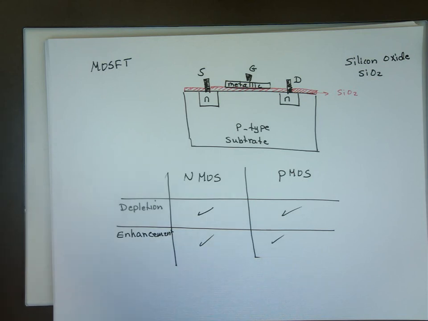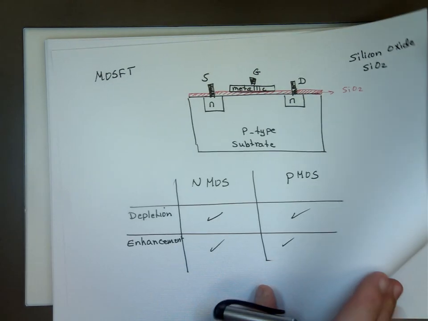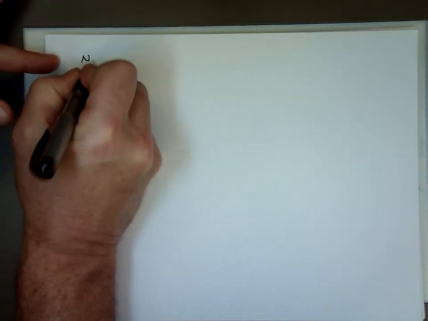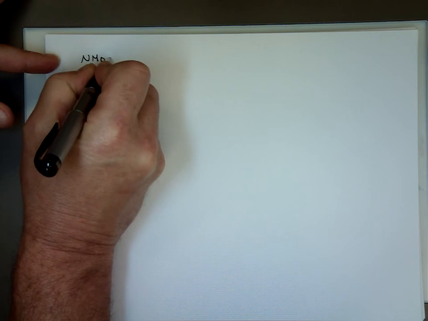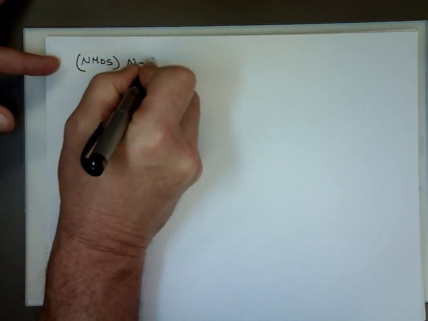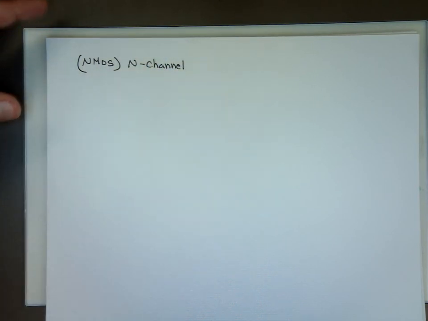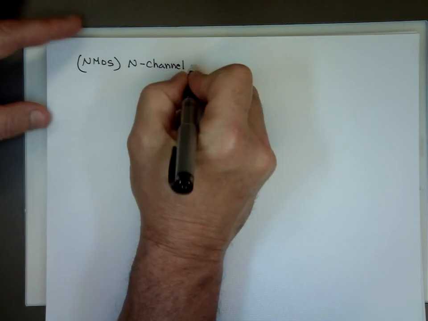So what's the difference between them? First, let's talk about the NMOS versus the PMOS. What does that mean? The name NMOS came from N channel, negative channel. What does negative mean?